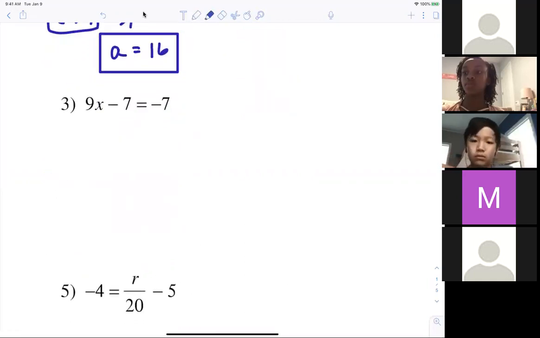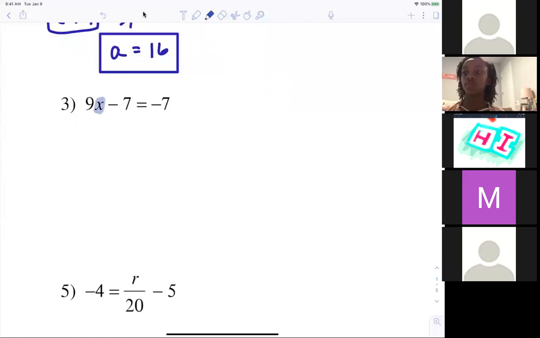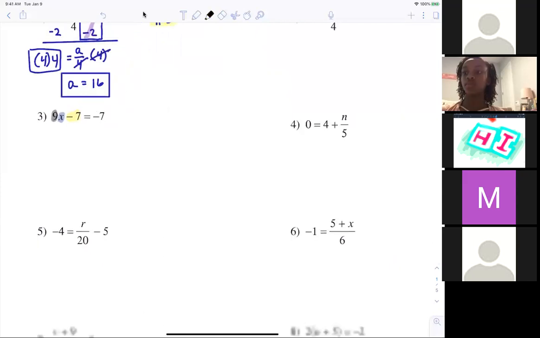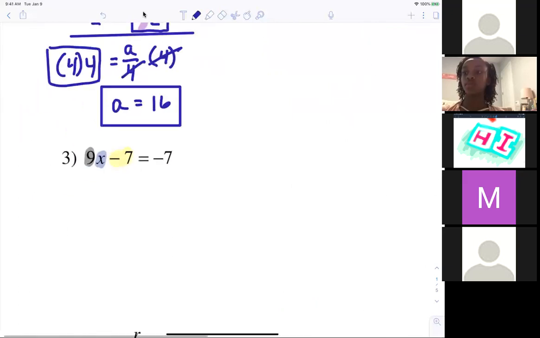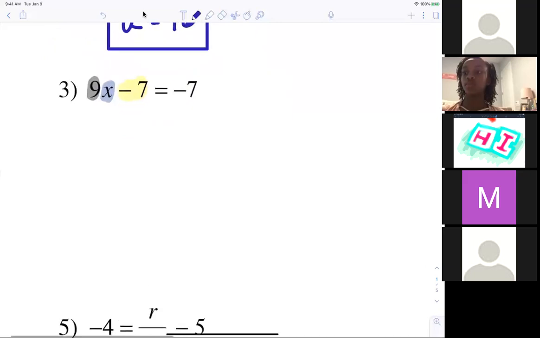So now let's check out question number 3. Again, I used to highlight the variables for kids just to show them that's what I'm looking for. So I need to get rid of the -7, and I need to get rid of the times 9. What did I tell you? We're working backwards, so we're going to get rid of the addition and subtraction first. So how do I get rid of subtracting 7?